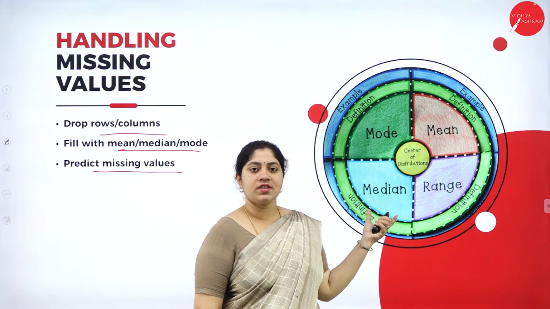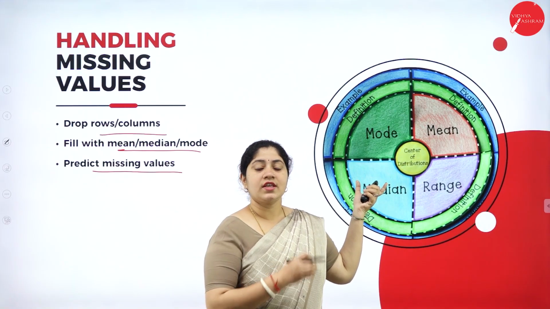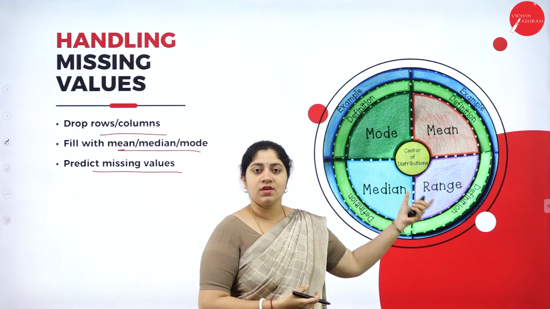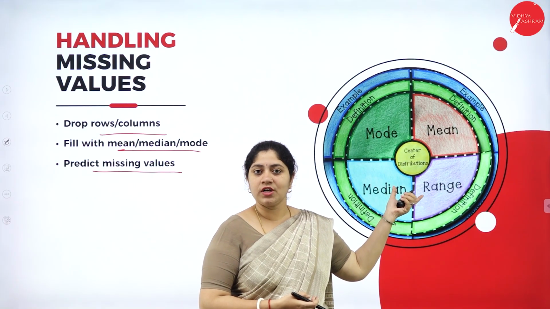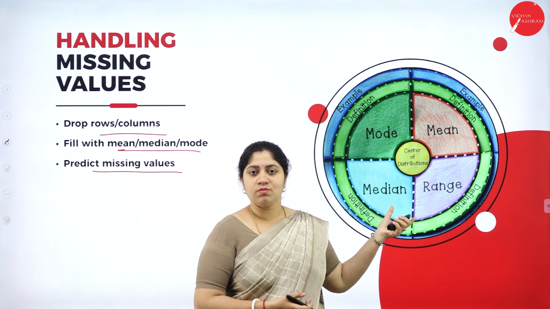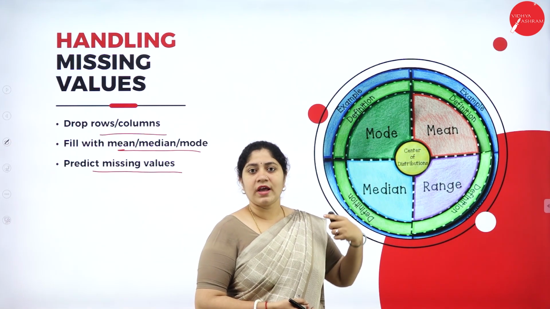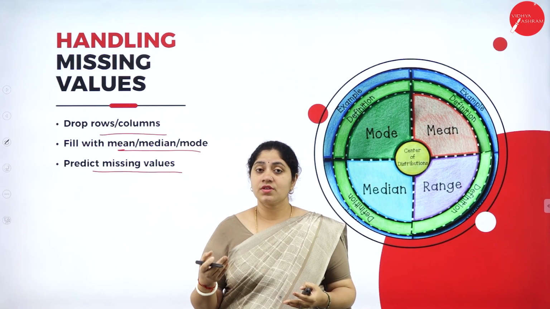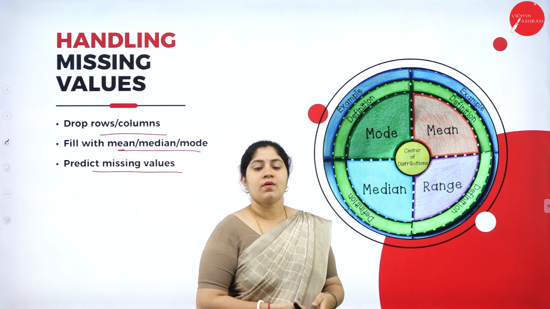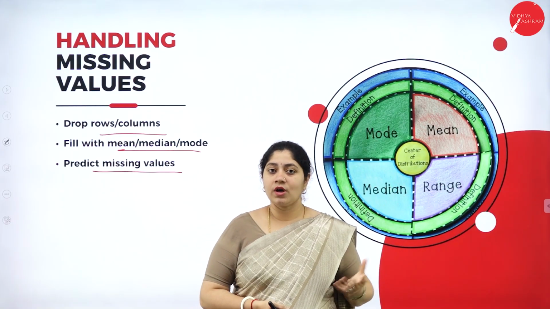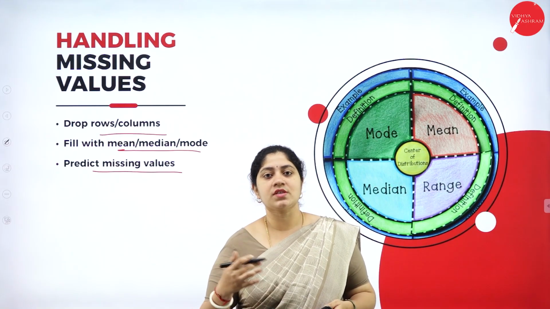And over here we can utilize the mean, median, mode, or sometimes there will be a center of distribution which will take care of various operations like mean, median and mode. Then, if any example is required, yes, the center of distribution will take care of these things. So this is how we can go ahead and manage the missing values.